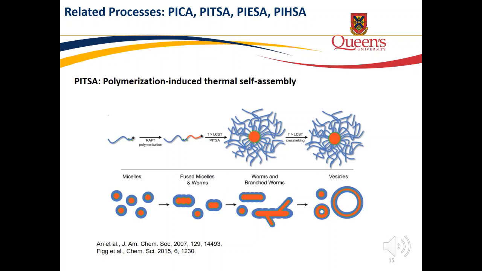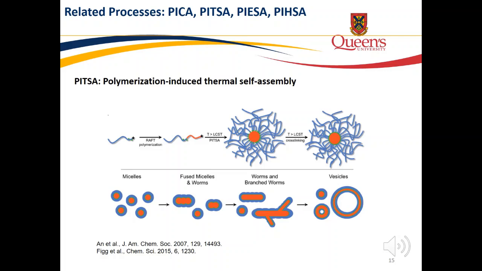There is something called PITSA, P-I-T-S-A, polymerization-induced thermal self-assembly. And in this case, you rely on the properties of a polymer that has an LCST. You can, first of all, conduct, for example, a RAFT polymerization, shown in this slide. You make your block copolymer.